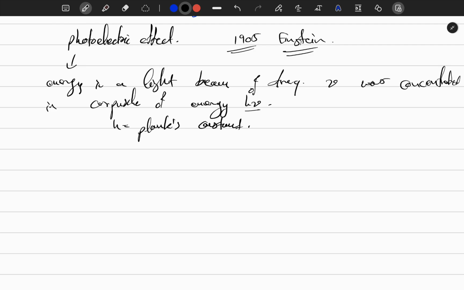According to the assumption considered here, in the propagation of a light ray emitted from a point source, the energy is not distributed continuously over an ever increasing volume of space, but consists of a finite number of energy quanta localized at points of space that move without dividing and can be absorbed or generated only as complete units.